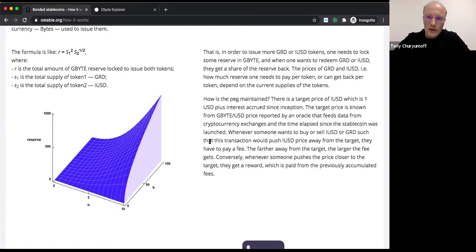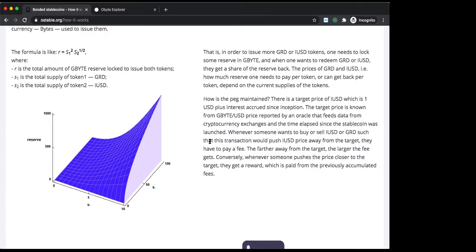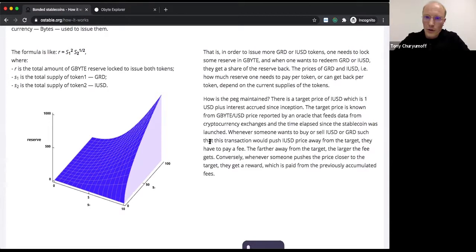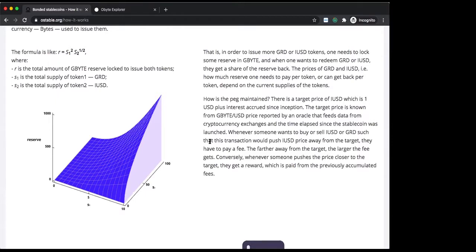Also, not just miners, anybody can send a transaction with a higher fee and make sure that that transaction is ordered earlier in the block. So again, you would get a bad deal by transacting with the bonding curve on the blockchain.